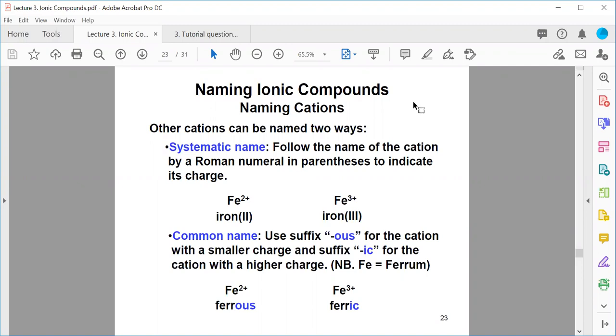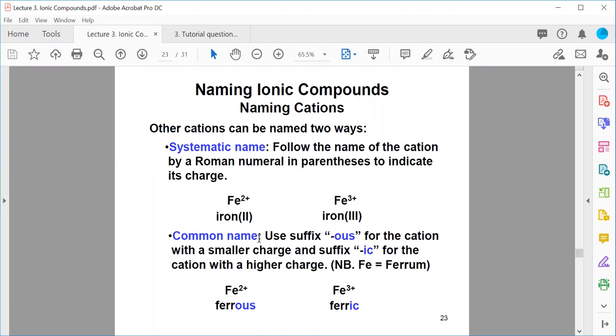Okay, so when you're confronted with something like that, for example, one of the transition metals, like iron, which we can see here, Fe, then you need to name it according to this systematic naming system or according to the common naming system.